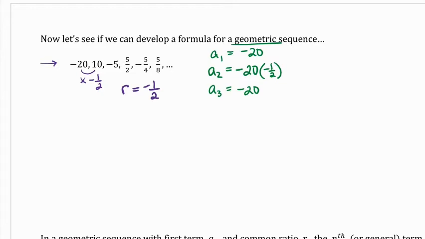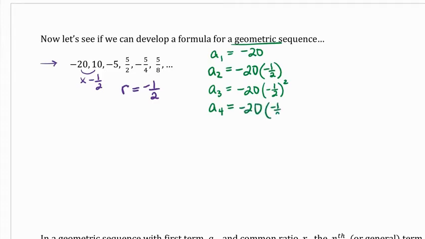Repeated multiplication is like raising a number to an exponent. So that would be just like multiplying by (-1/2) squared, right? And if I wanted the fourth term, I would do -20.